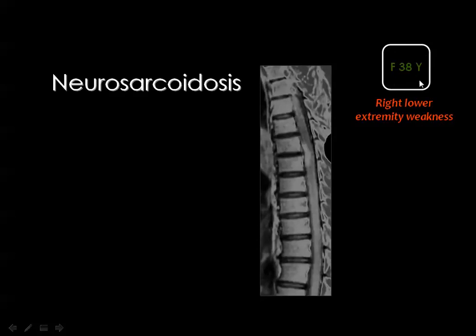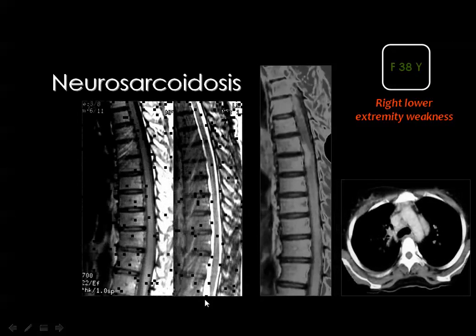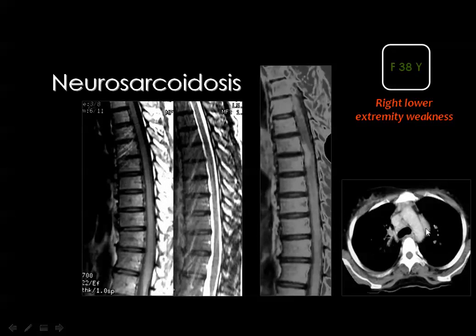This is a female patient presenting with right lower limb weakness, and the MRI of the dorsal spinal cord showed a well-defined homogeneously enhancing lesion inside the cord parenchyma. And we suspected the possibility of sarcoid, and we did the CT scan of the chest, and we can appreciate the presence of enlargement of the mediastinal lymph nodes, which are homogeneous.